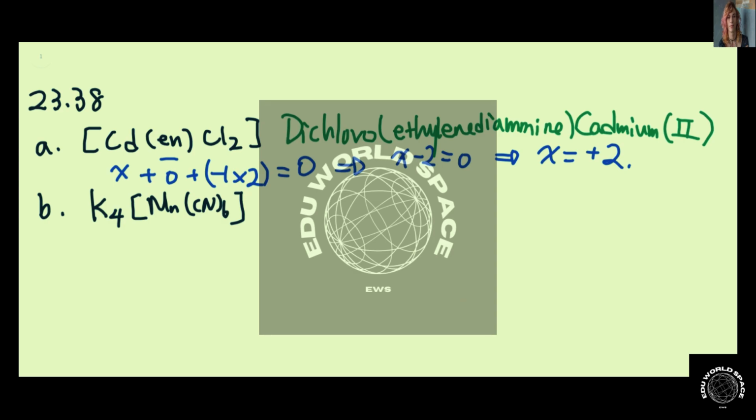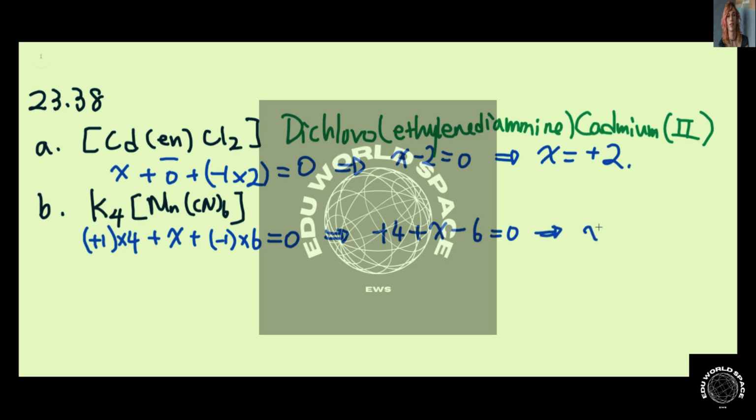Alright, so for this one, we know that potassium is +1 times 4 of them, and the charge of manganese here is X, and the cyanide ligands have a -1 oxidation state times 6, and that will be equal to 0. So +4 plus X minus 6 equals 0.